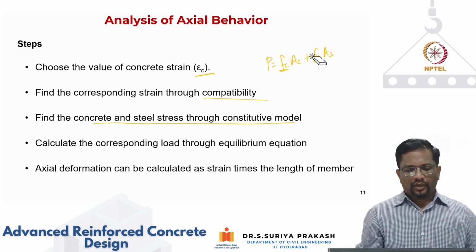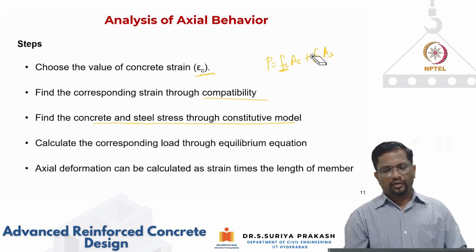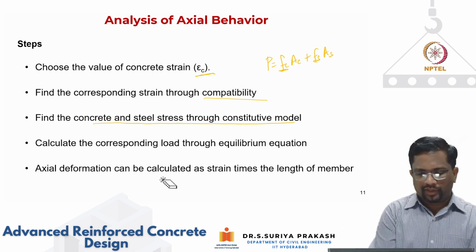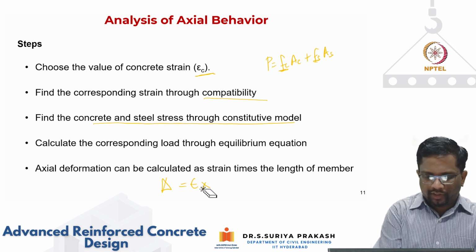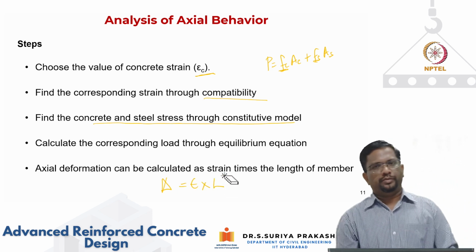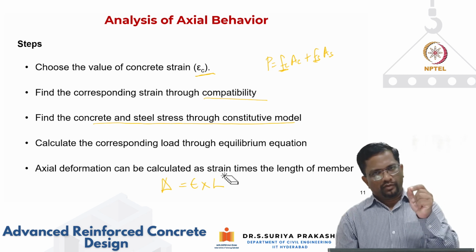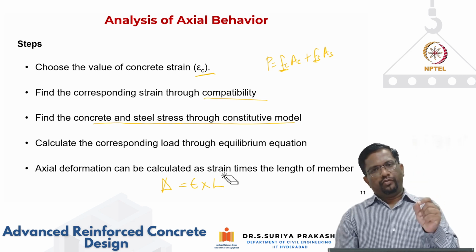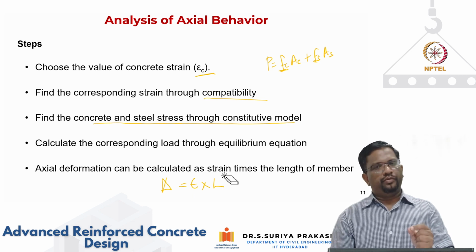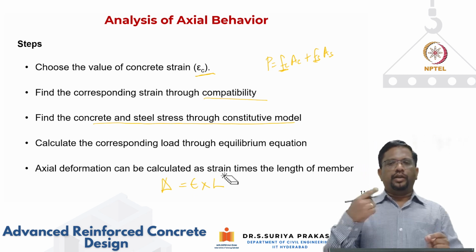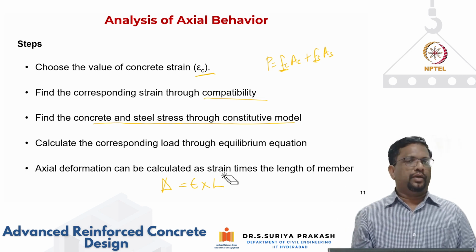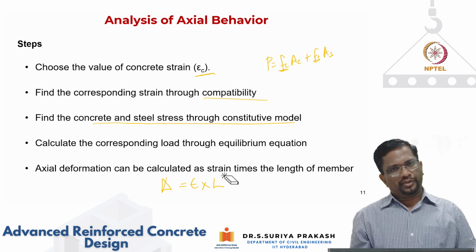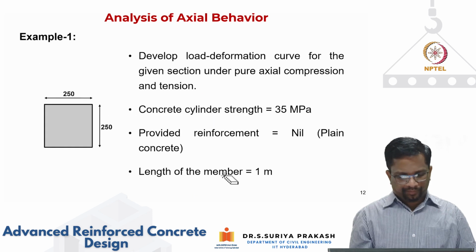Then axial deformation, delta, can be calculated as assumed strain multiplied by the length of the member. For any assumed value of epsilon, you get one value of load and one value of deformation. By incrementing these strain values, you can generate the entire load deformation behavior, both in compression as well as in tension.